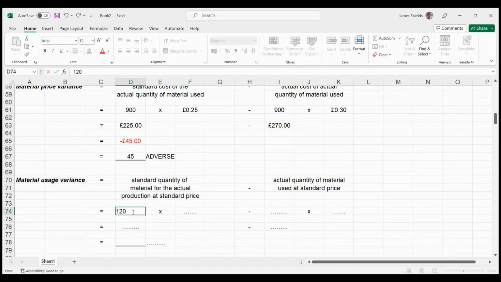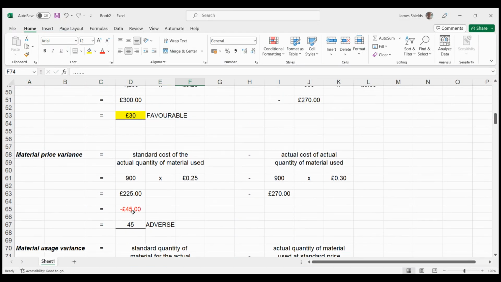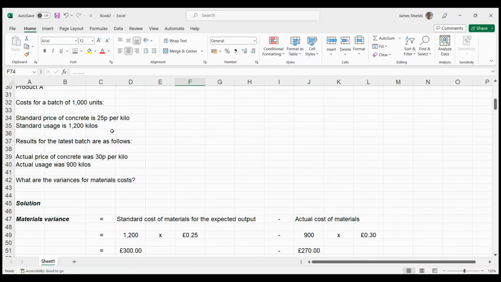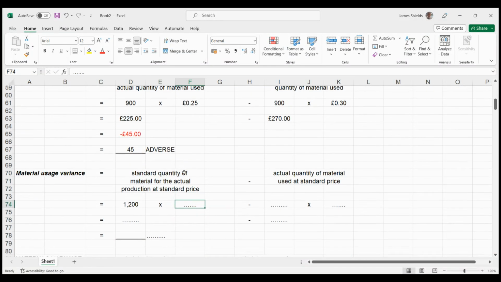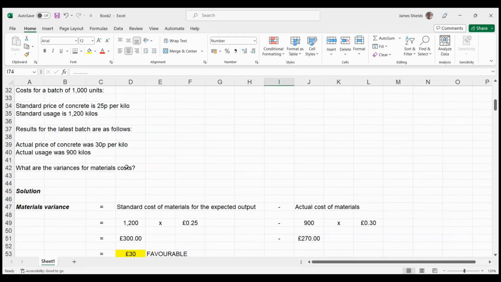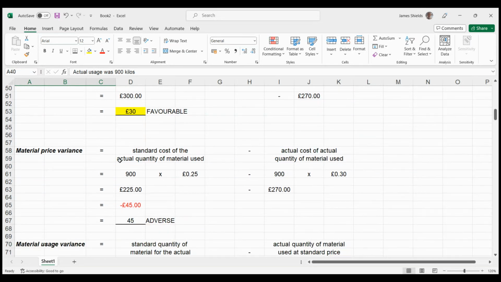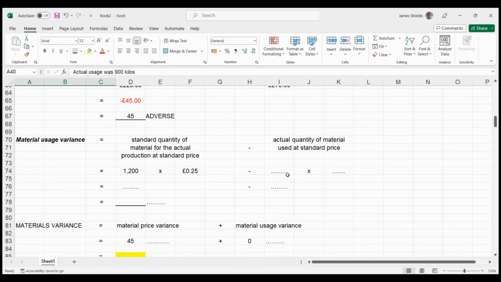So 1,200 at a standard price, and the standard price was 25p, so 0.25. The actual quantity of material was 900 kilograms, and at the standard price of 25 pence.